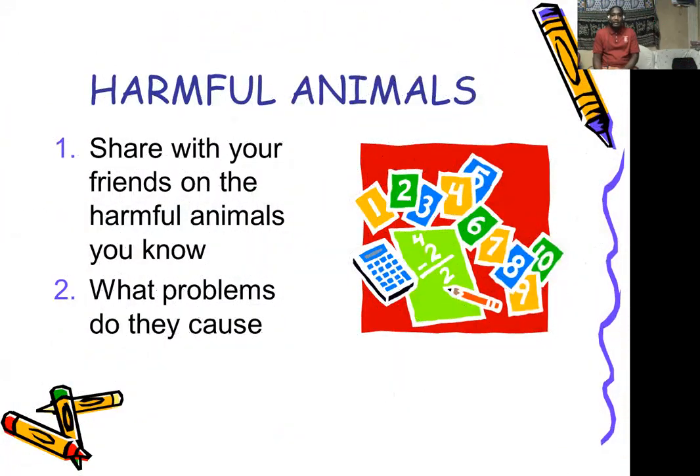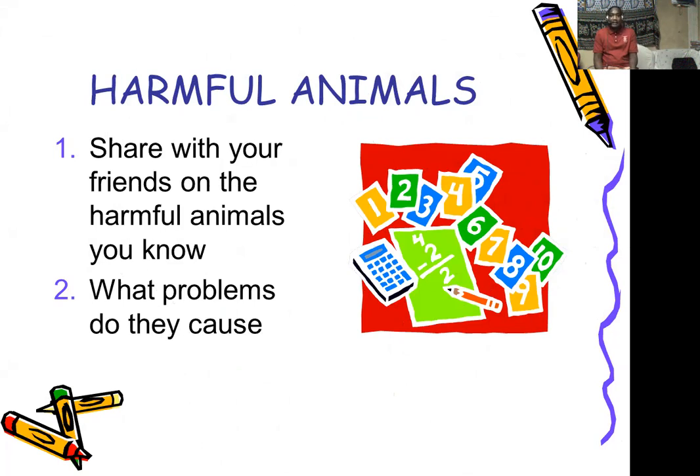Pupils, now we move to harmful animals. The moment we are through with harmful animals, we are done with today's lesson. I want you to share with your friends some of the harmful animals you know. Like me, some of the harmful animals I know: one is the mosquito.